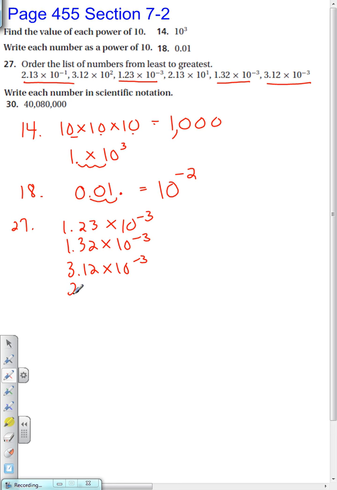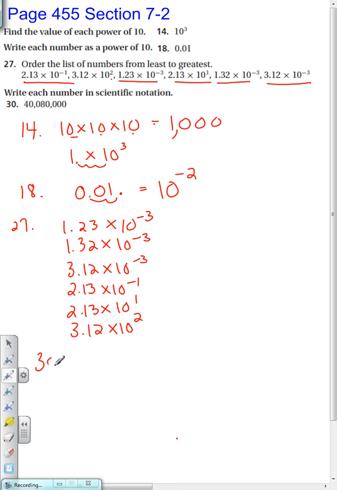So that has to be my next number, so 2.13 times 10 to the negative first. Then the next lowest exponent is the 1, so I'd go 2.13 times 10 to the first power, and my highest exponent was the 2. So my last number is 3.12 times 10 to the second.